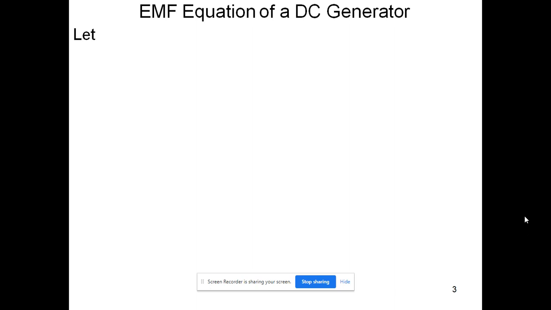And the second one is the EMF induced is always equal to the rate of change of flux linkage with respect to time. Now let us see the equation.